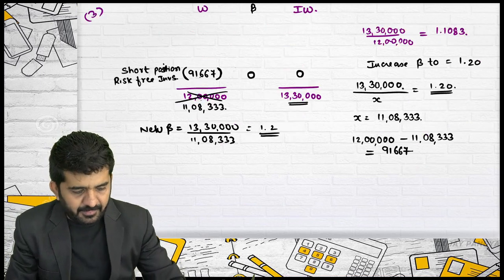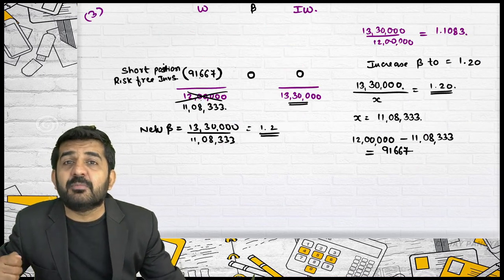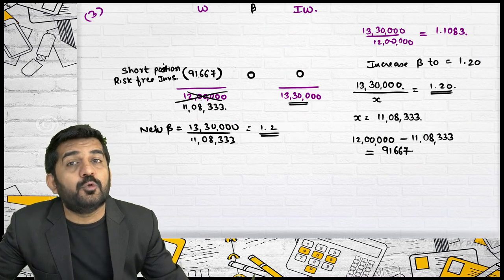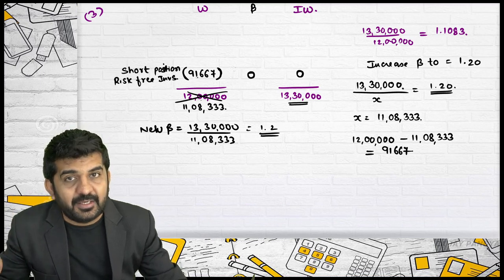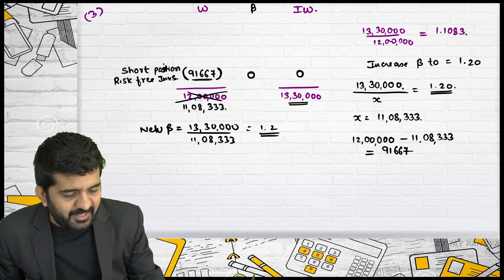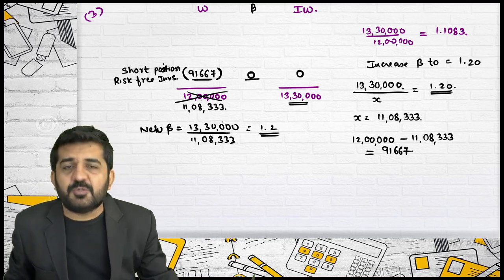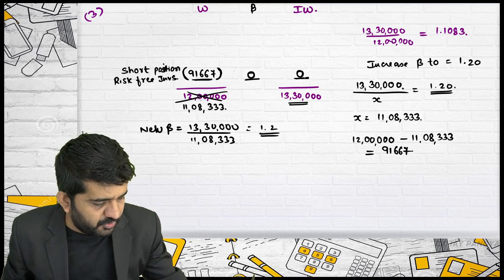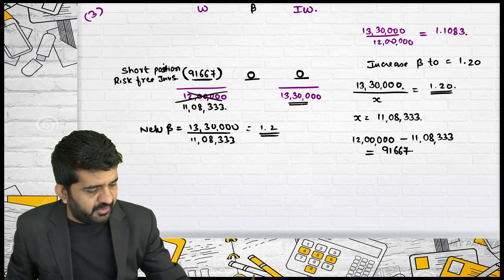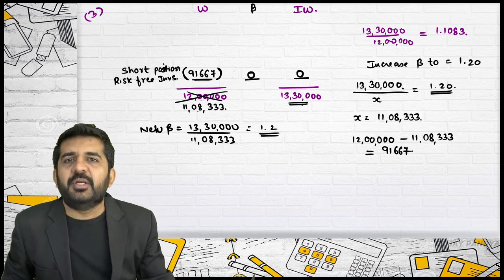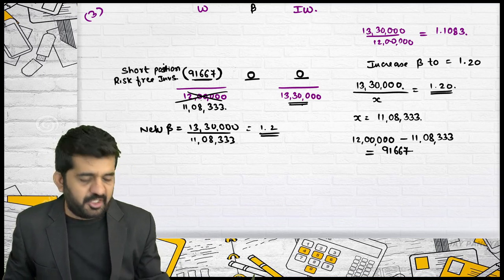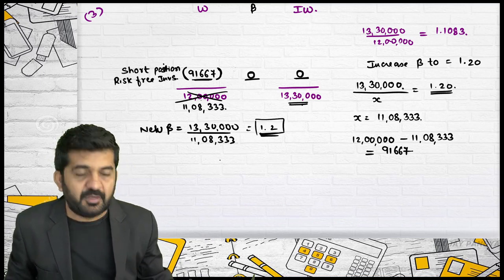Now, invest this much money in a short position of risk-free investment. Risk-free investment has a beta of 0, and so the numerator will remain the same. The denominator will change to 11,08,333, and your new beta will be 1.2.